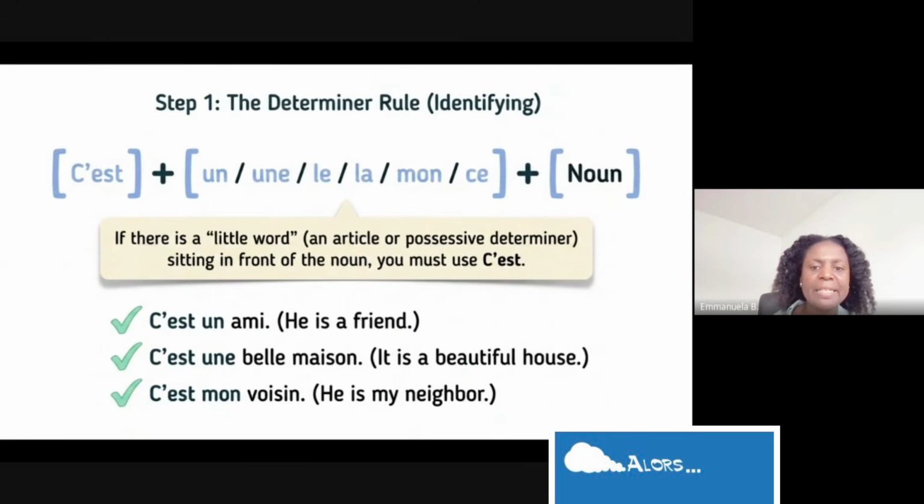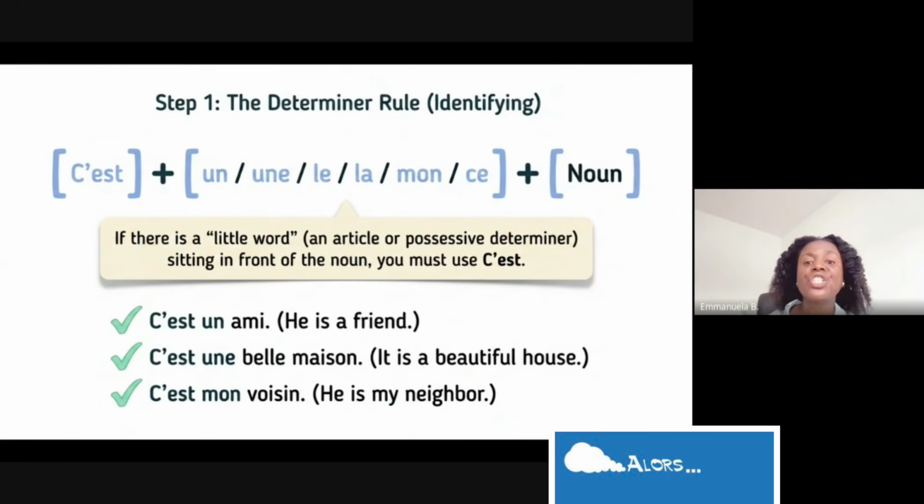A quick checklist for c'est. First, look for a determiner. Is the noun preceded by an article such as un, une, des, le, la, les, or a possessive, mon, sa, or even a demonstrative such as ce, cette?